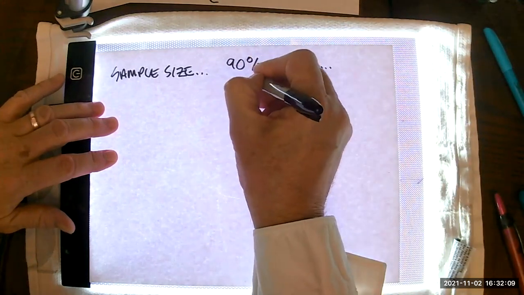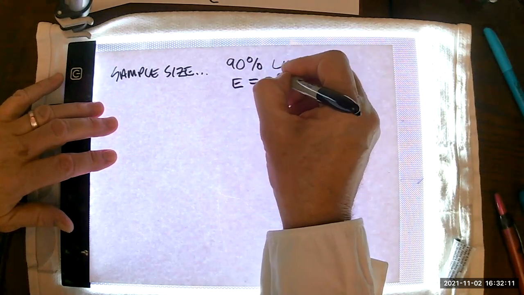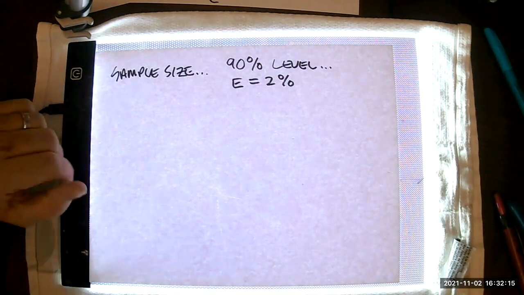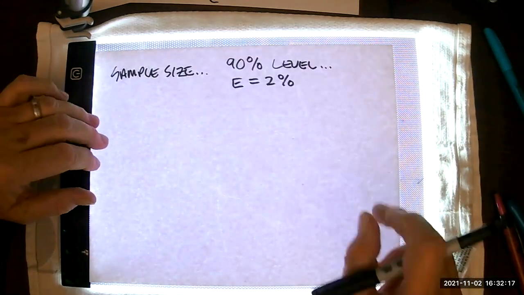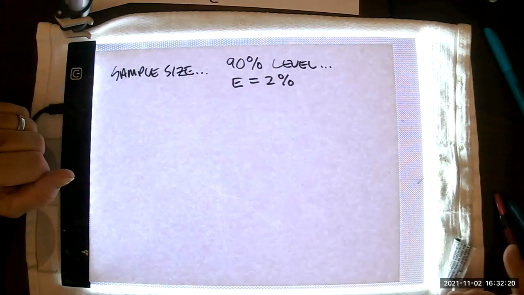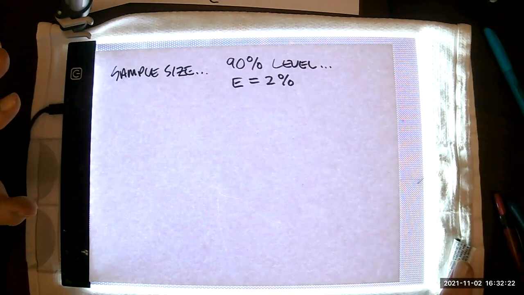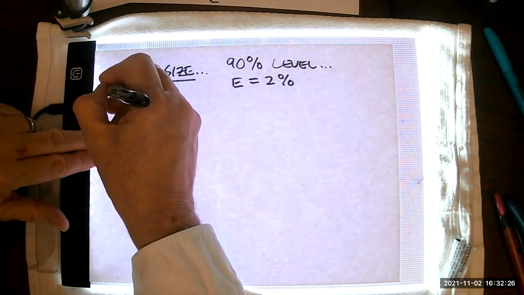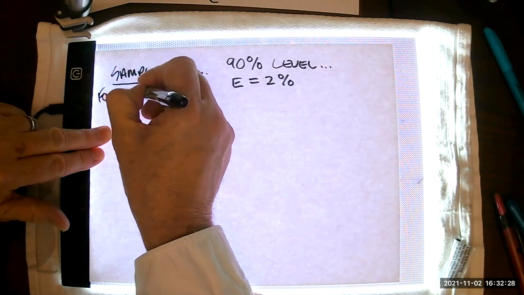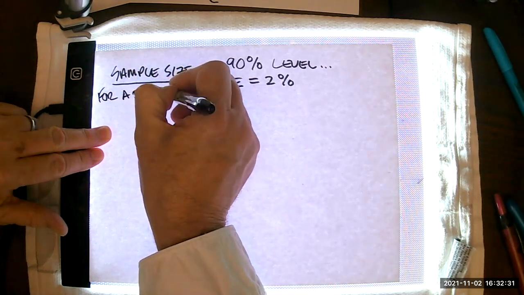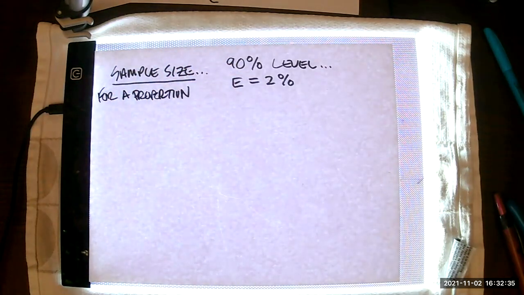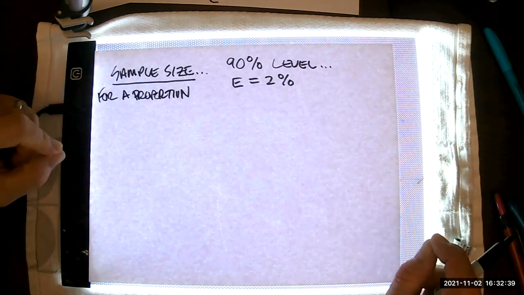And we want a margin of error equal to, let's make it 2% this time instead of 4%. So I've got my level of confidence. I've got my margin of error. And by the way, I only look at these problems in section 7.1. This is when we are working on sample size for a proportion. If we're working with something else like a mean, there's different formulas, but I think this is going to usually be enough for our purposes.